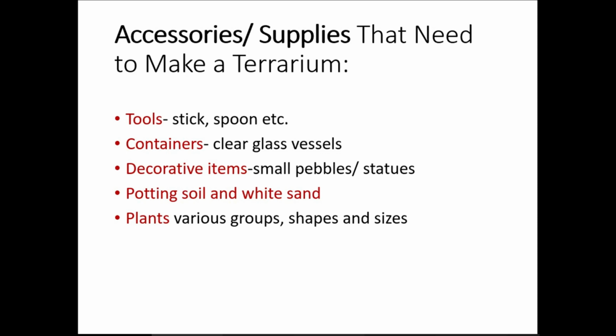Tools: we need a stick and a spoon for some work. Containers: clear glass vessels. Decorative items: small pebbles and some statues. And potting soil and white sand. Plants of various groups, shapes, and sizes: fern, cactus, or tropical forest plants, small plants and relatively big plants. Different sizes, which we can choose to prepare this terrarium.